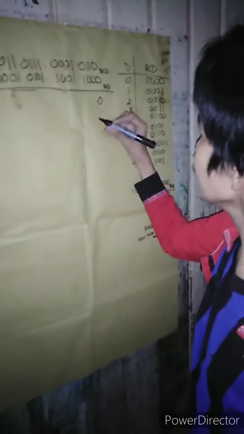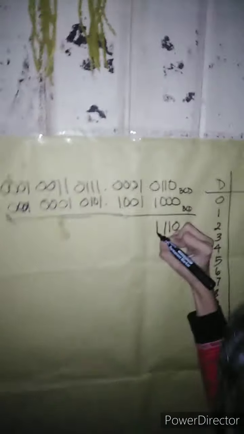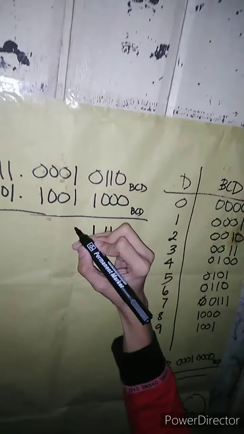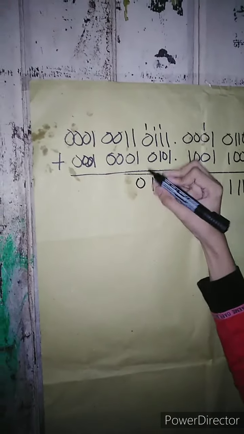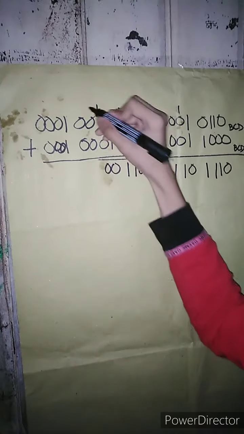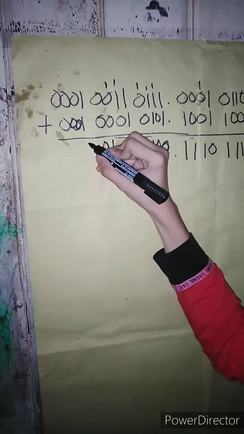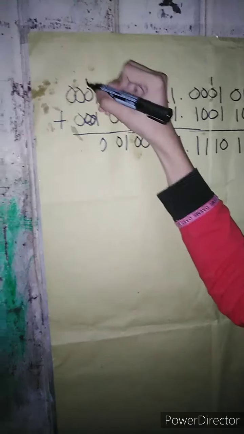So, let's proceed to adding. We will have 0 added by 0, 0. 1 plus 0, 1. 1 plus 0, 1. 0 plus 1, 1. 1 plus 1, it's not 10, but 1, 0. 0 carry 1. 1. 1. 0 carry 1, 1 carry 1, 0 carry 1, 0 carry 1, 1, 0, 0 carry 1.